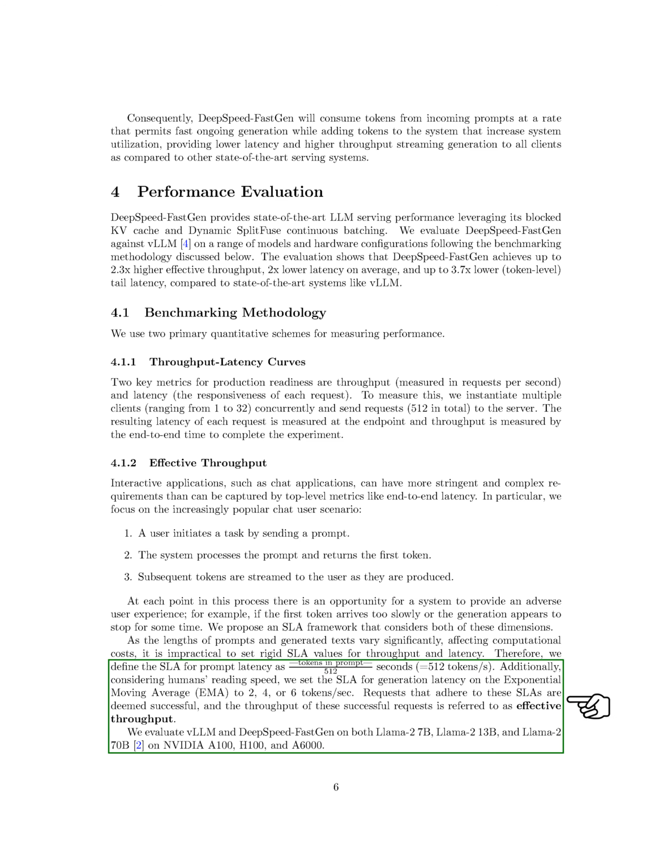We also consider the average human reading speed and set the SLA for generation latency to 2, 4, or 6 tokens per second. Requests that meet these SLAs are considered successful, and the throughput of these successful requests is what we call effective throughput. We tested vLLM and DeepSpeed-FastGen on Llama 2 7B, Llama 2 13B, and Llama 2 70B on NVIDIA A100, H100, and A6000.